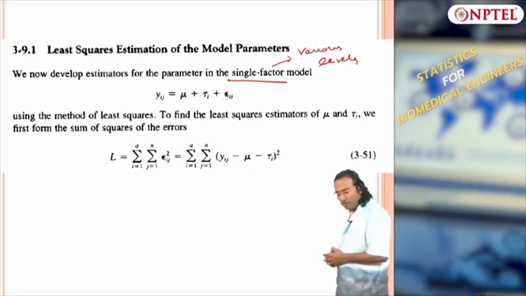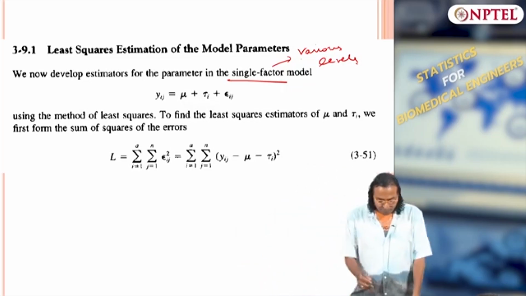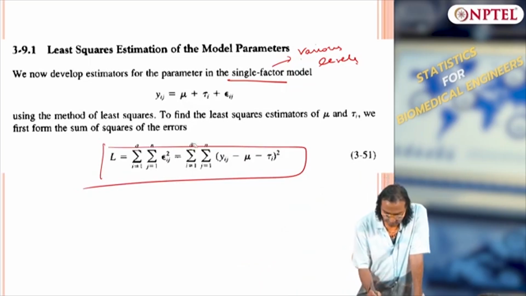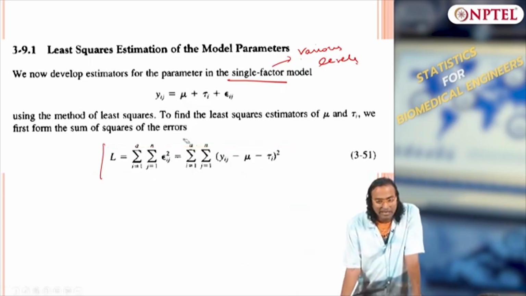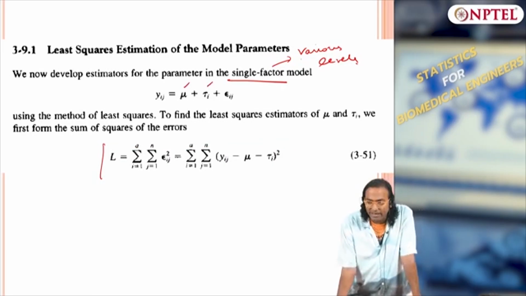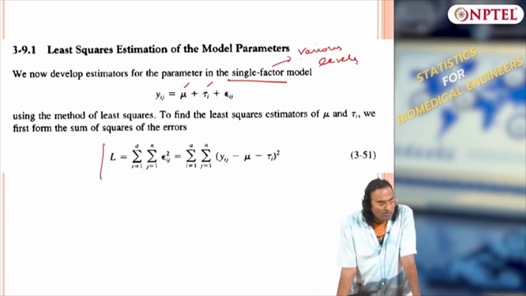And now we are going to find out the parameters. How do I start doing it? I am minimizing the sum of squared errors, right. Remember here I have parameters mu and tau i to be estimated from the data, okay. Epsilon ij I cannot model, that is the assumption.